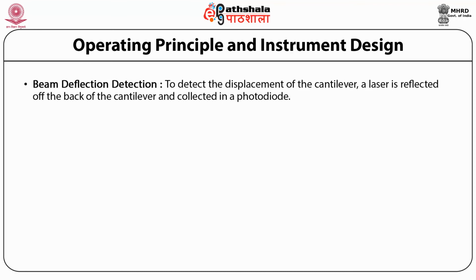Beam deflection detection. To detect the displacement of the cantilever, a laser is reflected off the back of the cantilever and is collected in a photodiode. The diode is divided into four parts as seen in figure 5.